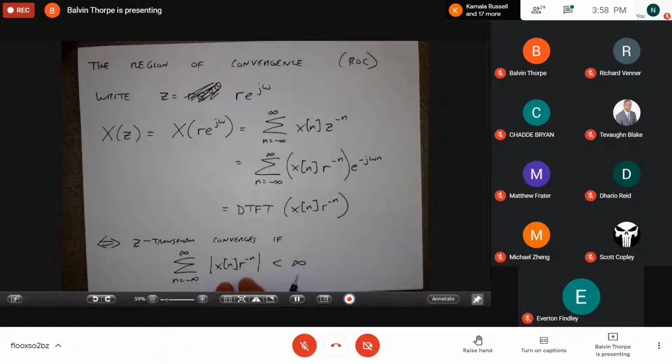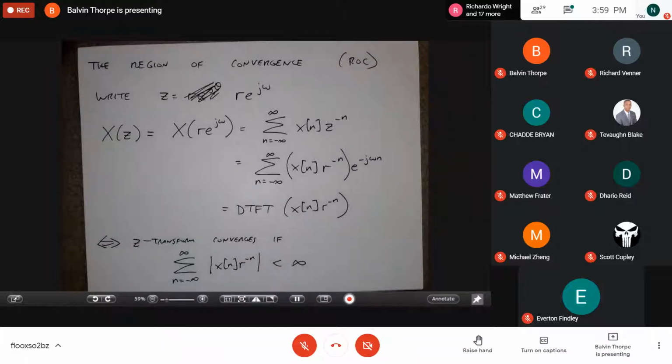This makes it clear that the Z transform may converge in places where the Fourier transform doesn't. So if r equals 1 and this convergence condition at the bottom is true, then the DTFT exists, and the Z transform also has a region of convergence that includes r equals 1.